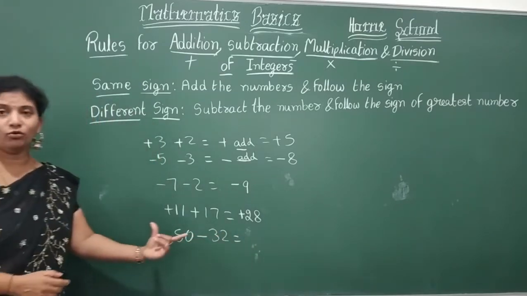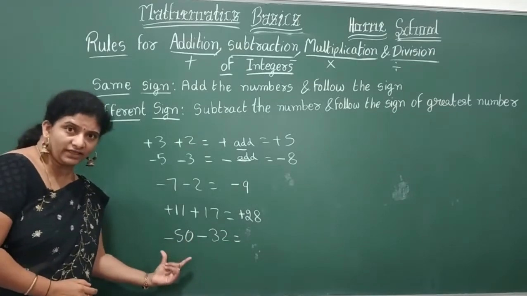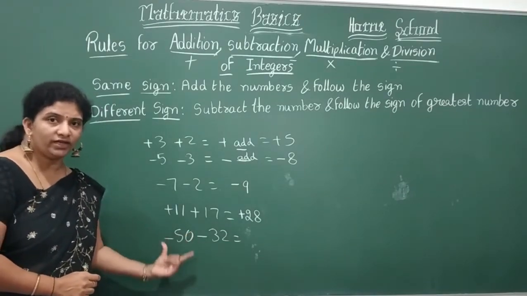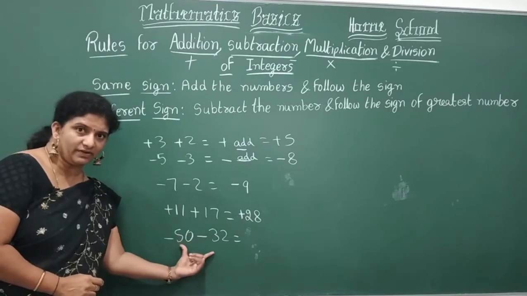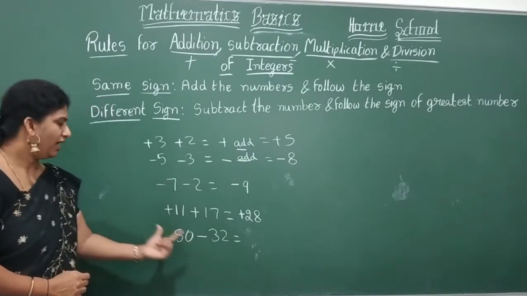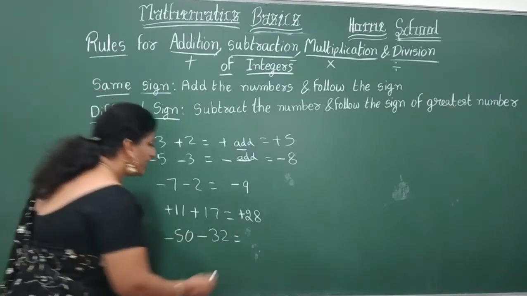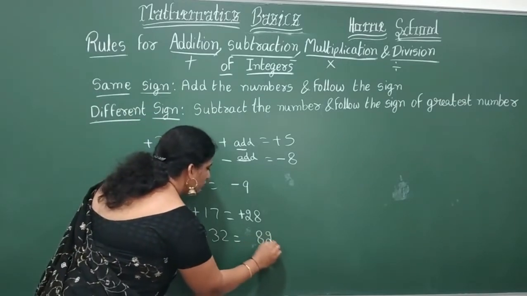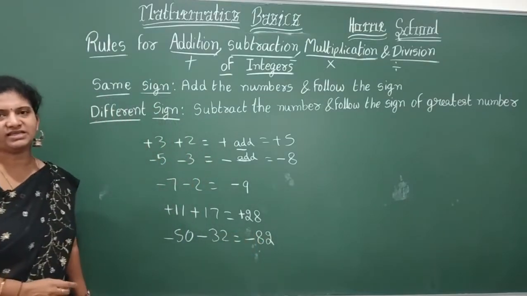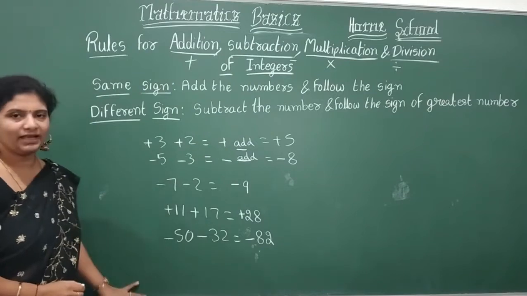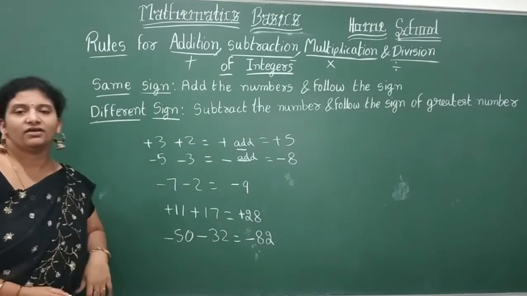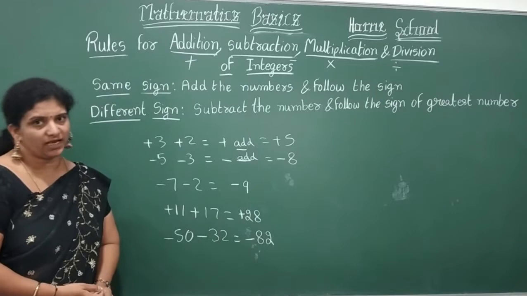Now when both the numbers are followed with a negative sign, what do we need to do, children? Add the numbers and take a negative sign. Add these two numbers, what are you going to get? 82. Take the negative sign, minus 82. These are all the examples for if they have the same sign.